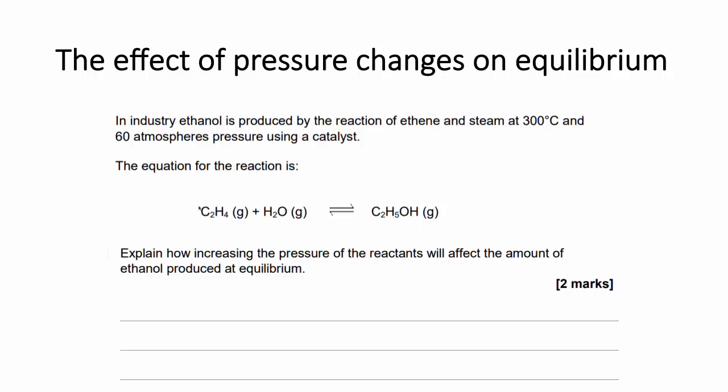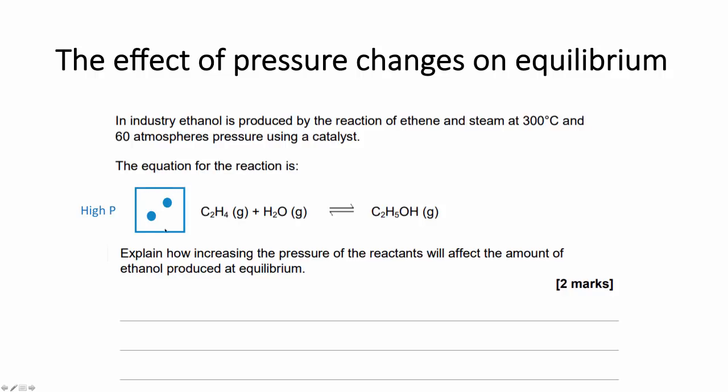For example, explain how increasing the pressure of reactants will affect the amount of ethanol produced at equilibrium. Again, the best thing to do is chunk the answer to make this simpler. What we do is we draw a square box on either side and we put in a dot to represent the number of moles of gas on either side of the equation.